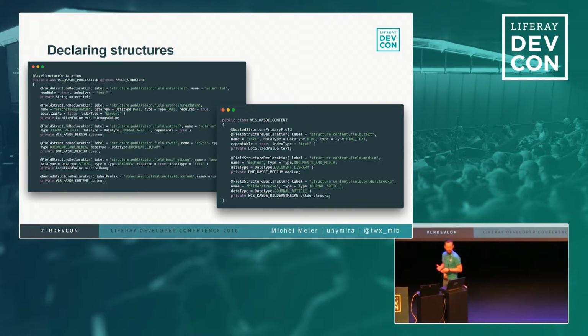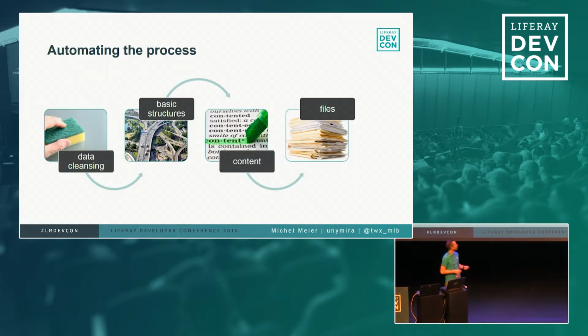And the cool thing is that we can use this model for the later content migration, to use it for validation, for example. So this is one thing we implemented amongst a lot of other stuff.